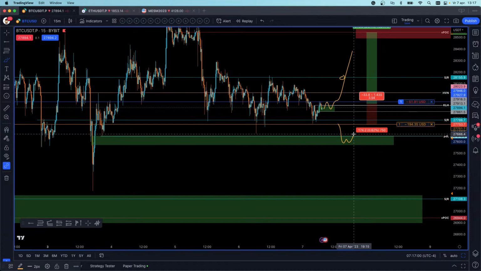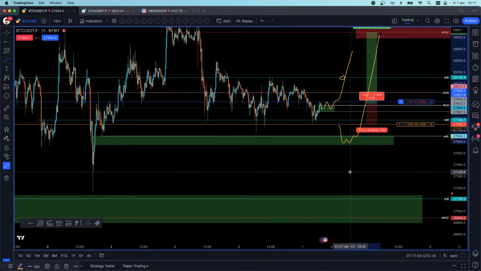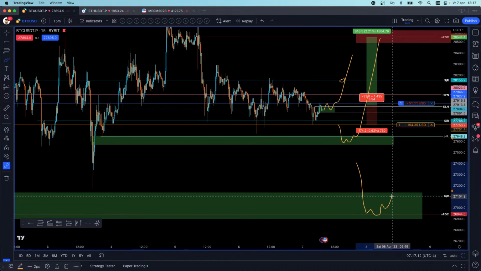Like this, if I see the setup here, move like that. And the third probability would be we tap into this naked point of control, see the setup like this here, and then we see if it can reach higher, or at first the targets that we have here to take profit.